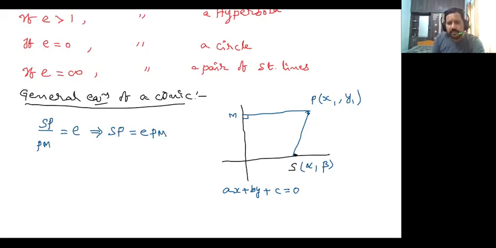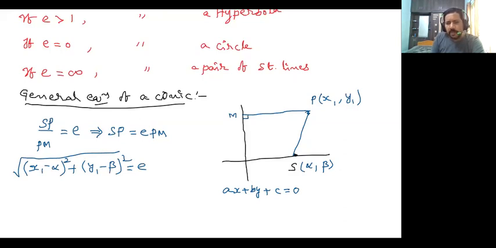The distance between S and P, that is the square root of x1 minus alpha whole square plus y1 minus beta whole square, that is equal to E into, what is PM here?